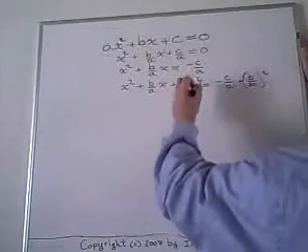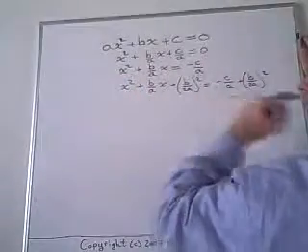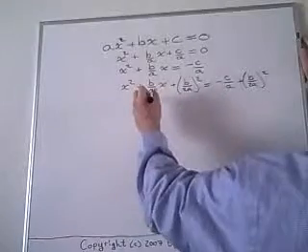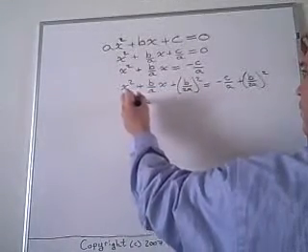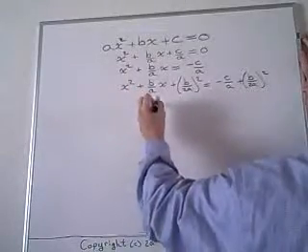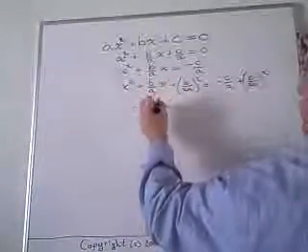Well, just like last time, I can now replace this. If I let the a that I'm working with, the a from last time, be this whole term here, b over 2a. I know that's confusing, so just bear with me.